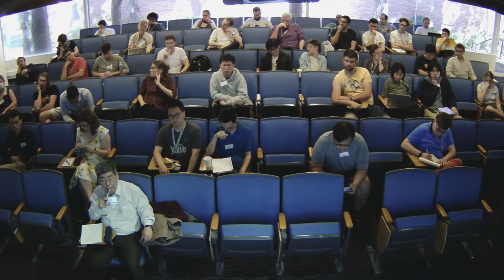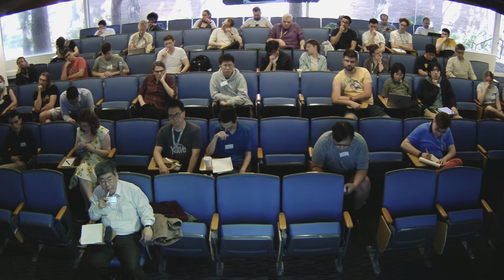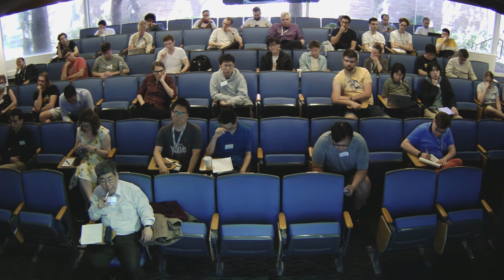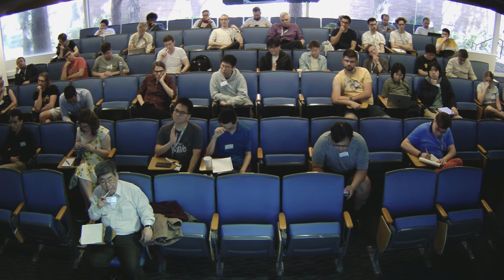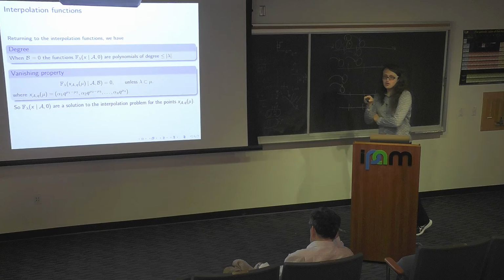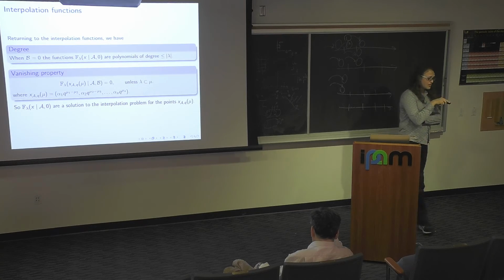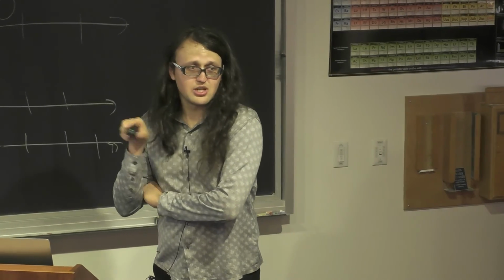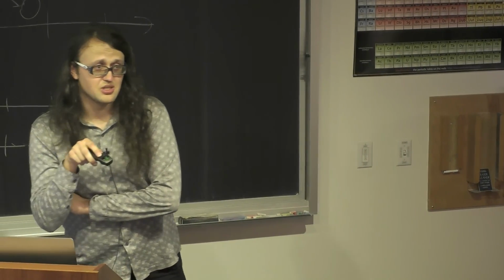What do you mean when you say that only at 0 there's a solution to the interpolation problem? It seems that your vanishing property is for all. Yes, so the idea here is that the interpolation property, first of all, restricts the degree of the polynomial, because it needs to restrict the amount of freedom in coefficients. And also it determines a bunch of linear equations, which are the values of these polynomials.